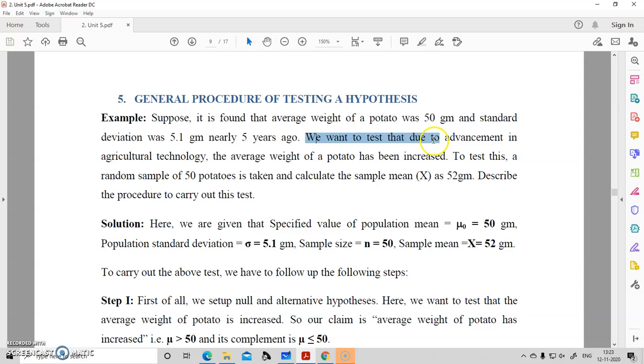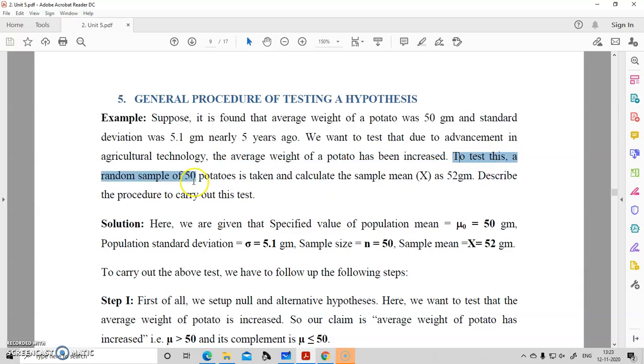We want to test whether, due to advancement in agricultural technology, the average weight of potato has increased, because we now use many fertilizers and other things, and because of that potato yield has increased.